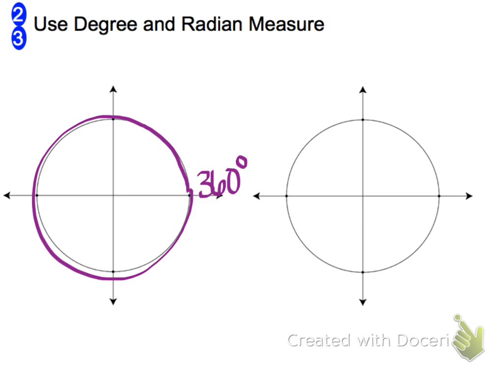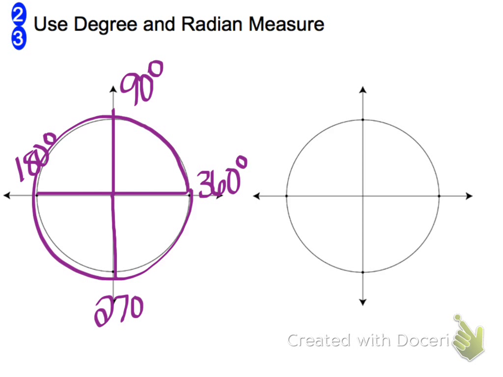That makes halfway around the circle 180 degrees. If I go half of that, I've only gone 90 degrees. And down below, we could say that would be 270 degrees. Now, 270 would be 3/4 of the circle.